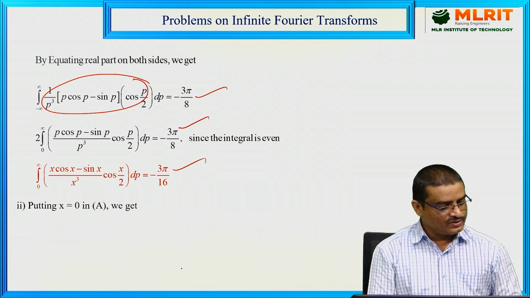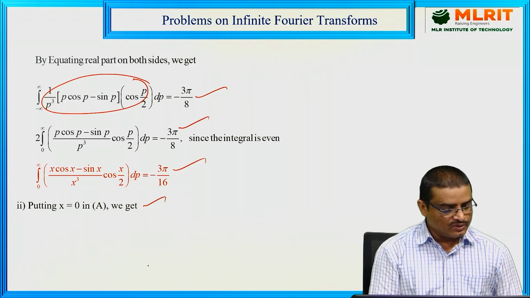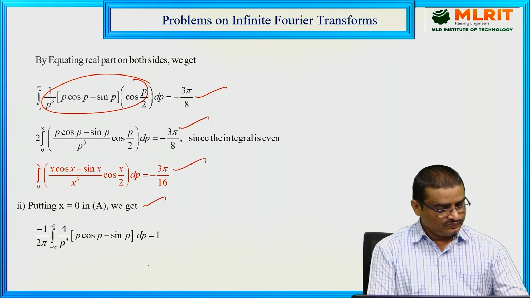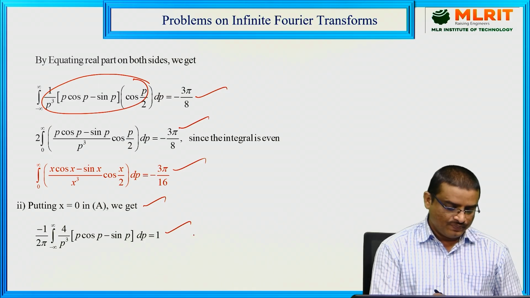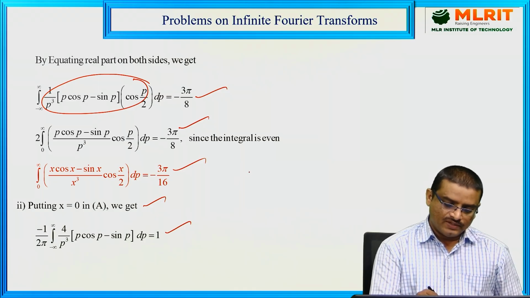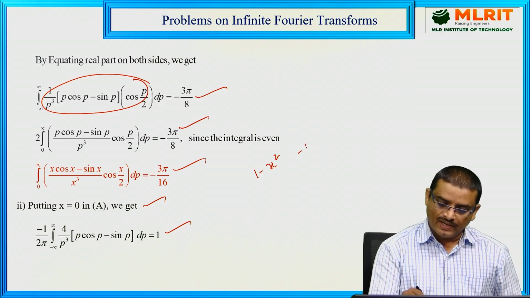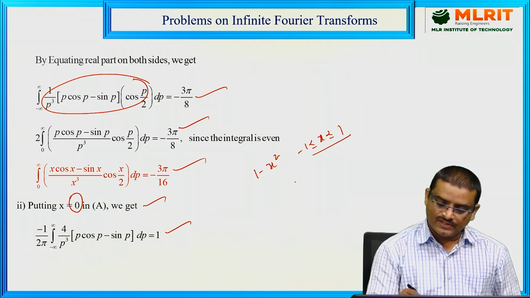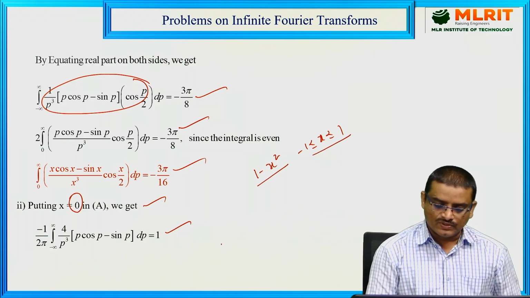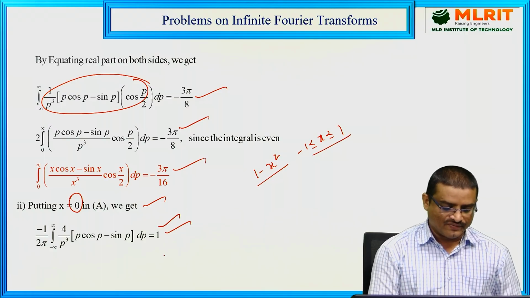And if you want to reduce the second condition, put x equal to 0 in the standard formula, and you will get this. In the first condition we have taken f of x equal to 1 minus x square. This is valid for -1 less than or equal to x less than or equal to 1. We are taking x equal to 0, which satisfies this condition. So in this you substitute x equal to 0, and you will get our f of x value here.